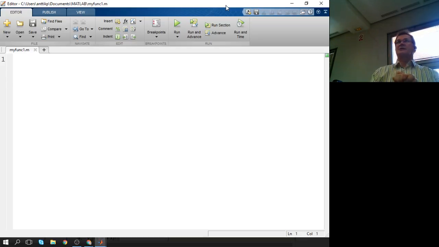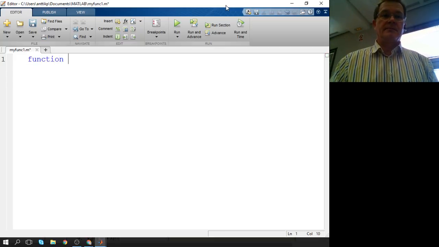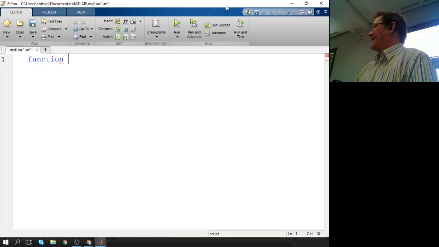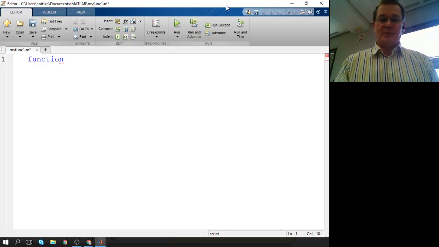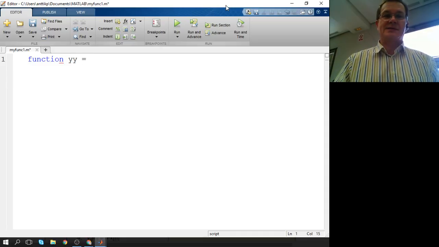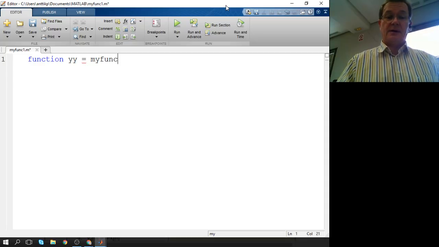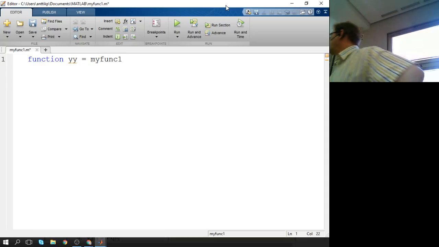The functions are actually quite simple, but these are similar functions to, say, the C programming language. You have to define it as a function by saying, well, the following is a function. And then you define the output. Okay, for example, y equals, and then the function name, myfunc1, or something more descriptive.